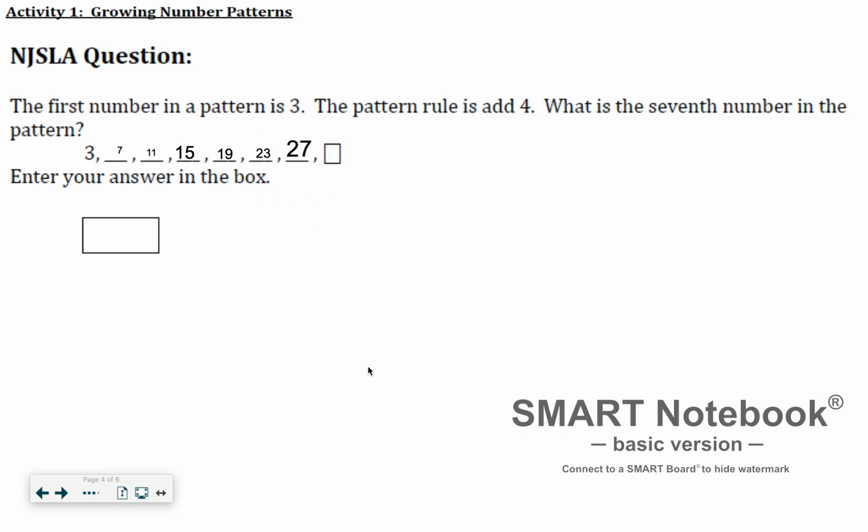And 27 plus 4 is 31. So all I had to do was follow the pattern and keep adding until I reached the 7th number in the sequence. So the 7th number in the sequence is 31. So that would be a question that you would see on the NJSLA assessment.